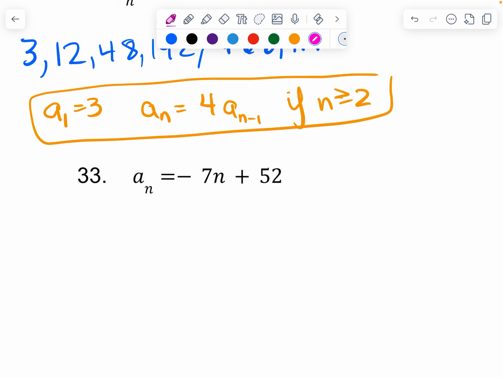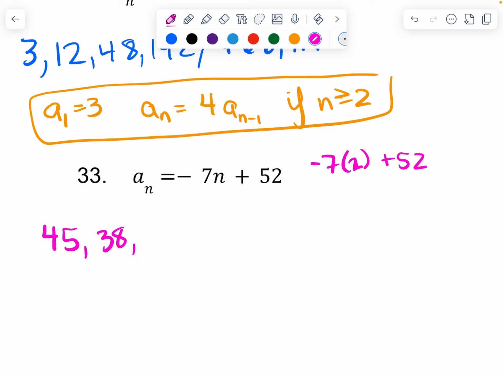So my first term, I need to plug in 1. If I plug in 1, I get 45. If I plug in 2, I would get -14 plus 52. And get 38.